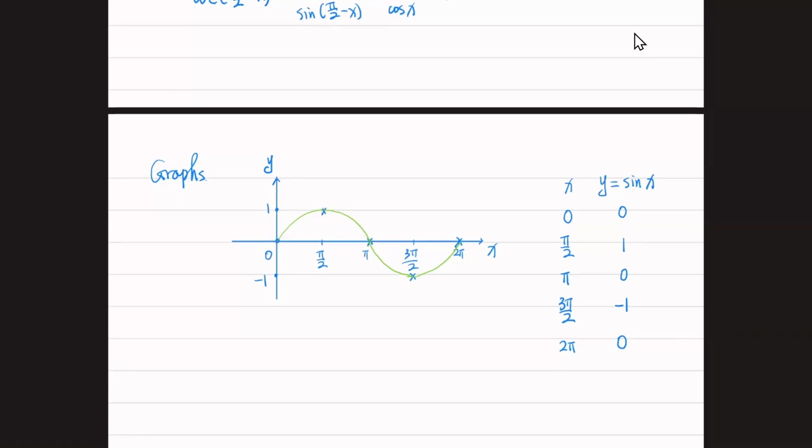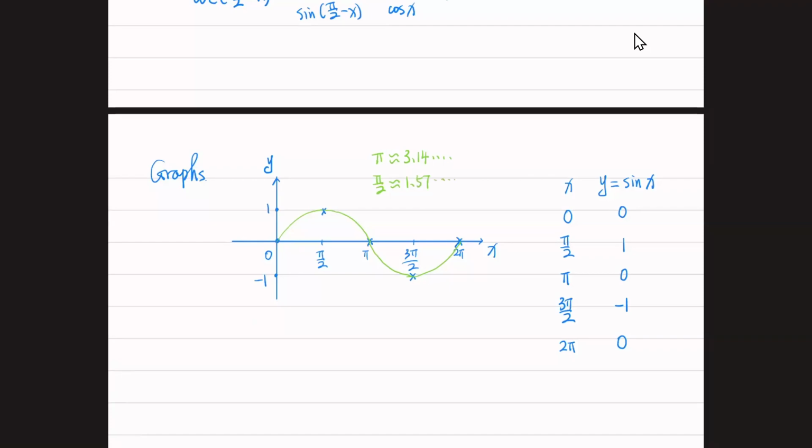From 0 to pi over 2, the distance is different from pi over 2 to pi. Pi over 2 is approximately 1.57, and 1.57 is not equal to 1.